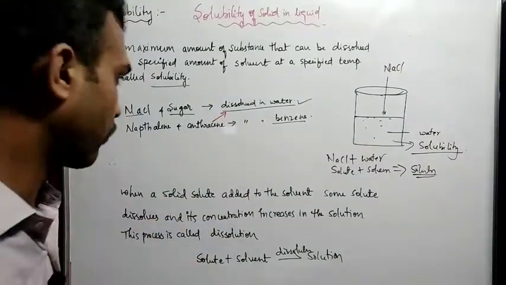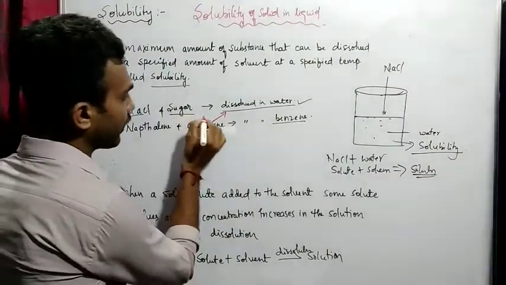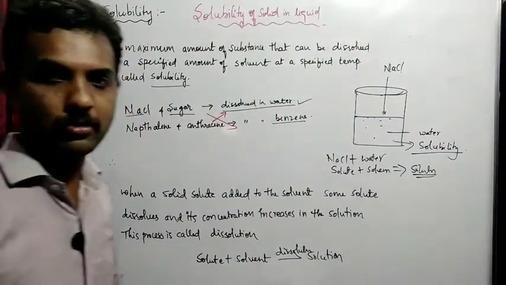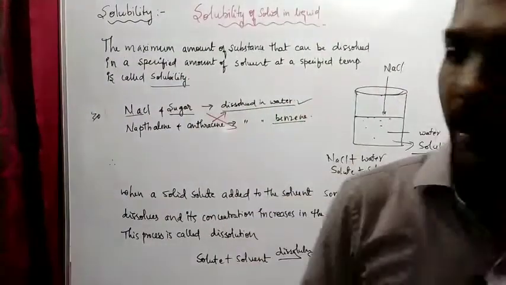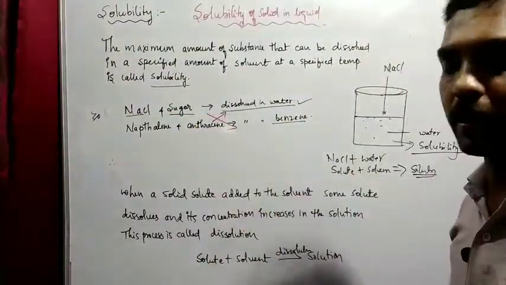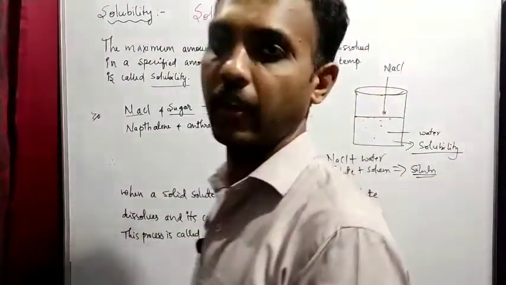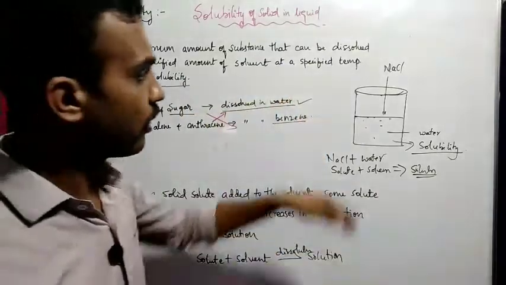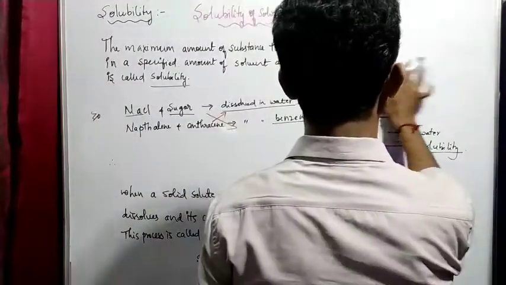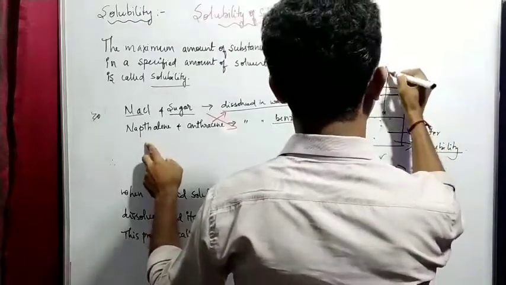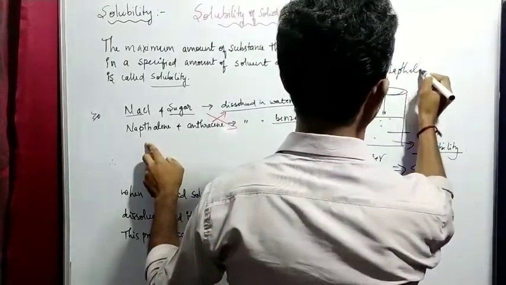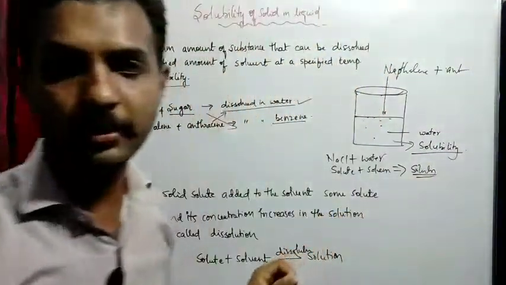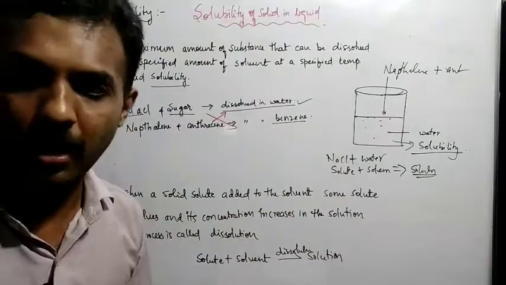The question is also whether sodium chloride and sugar dissolve in benzene. I have given a cross mark there. Anthracene or naphthalene, where is it dissolved?